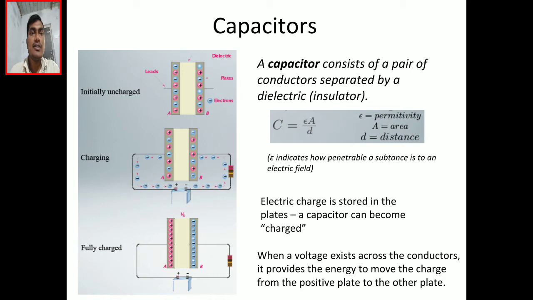The electric charge is stored in the parallel plates, and then we say the capacitor is fully charged. At the time t equal to 0, when we start giving the supply, there is no voltage in the capacitor. When it is fully charged, the total amount of supply voltage appears across the capacitor.